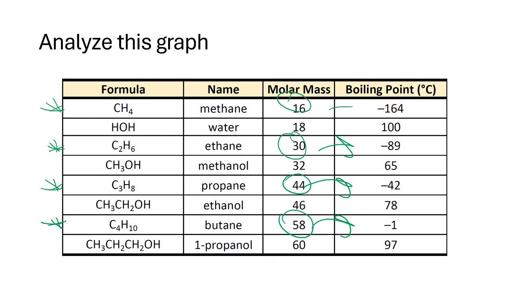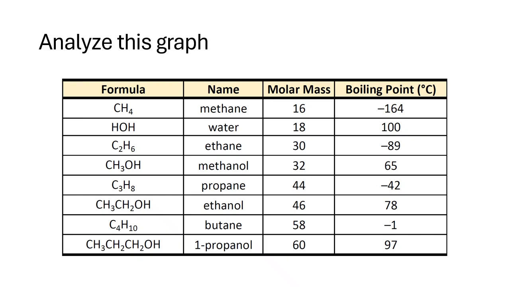Then the ones that are polar, let's forget about water for now, that have similar molar masses have much higher boiling points. If that didn't make sense, listen to it again, because I'm going to be a little more clever with this question than I was last year.